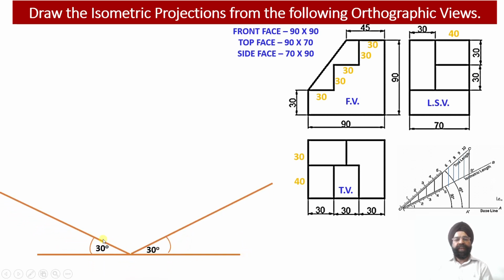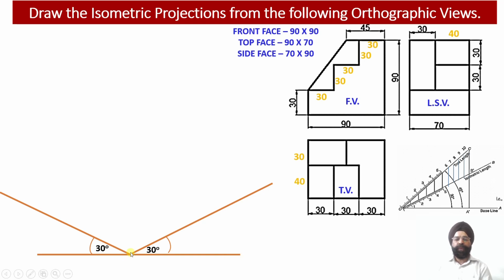So here we have the isometric axis, which is the x-axis. This axis is again an isometric axis, which is the z-axis, and both the x-axis and the z-axis will be constructed at angles of 30 degree from the ground point. So this is the ground point. First, we have constructed a horizontal ground line and marked the starting or the origin point over here.